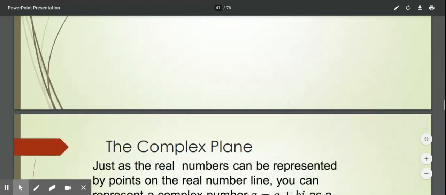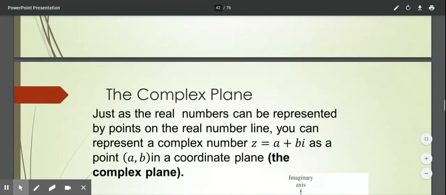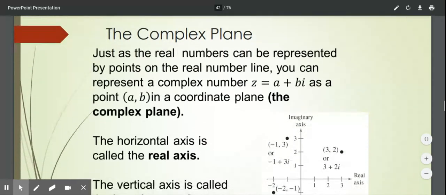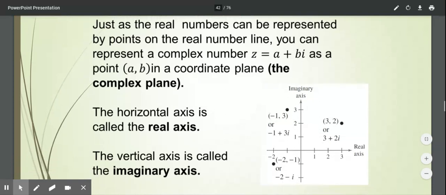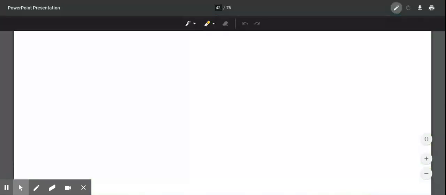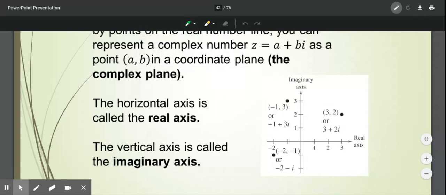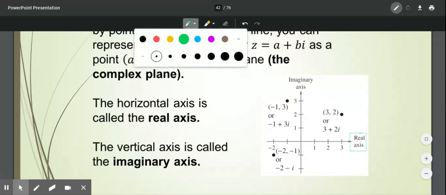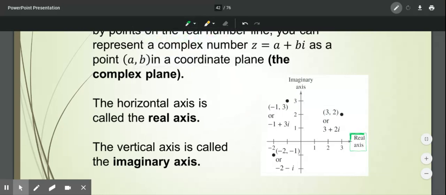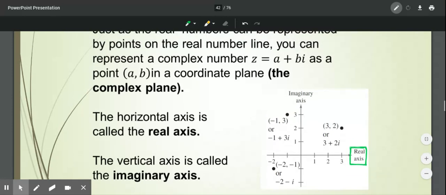And the complex plane is really just your coordinate axis, but your x-axis now becomes your real axis. So if you look, this x-axis right here is the real axis. So that's where you'll plot the real part of your complex number. And do you remember when you have the complex number, and we'll use it with a letter z.